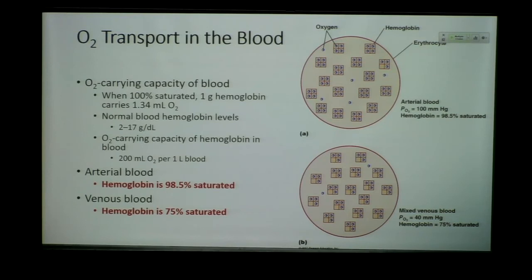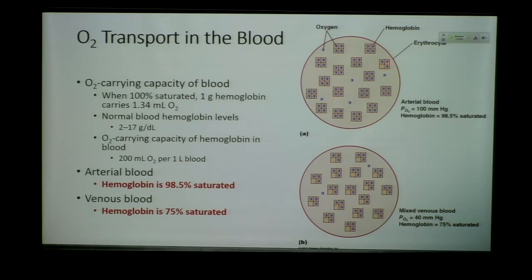Now, if we look at the different states of hemoglobin, when it is 100% saturated, or actually it's 98% saturated because all of the hemoglobin aren't actually bound in actuality, but we can think of it as being 100%, as being full. This is in our arterial blood. What we see is that each of those subunits, each of those heme groups has an oxygen bound to it.